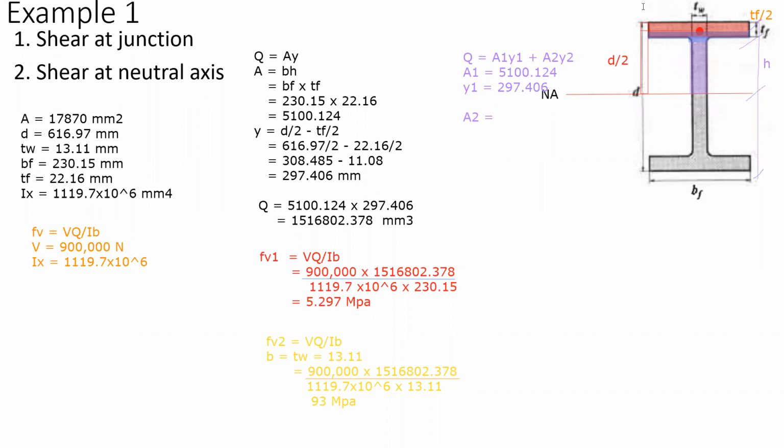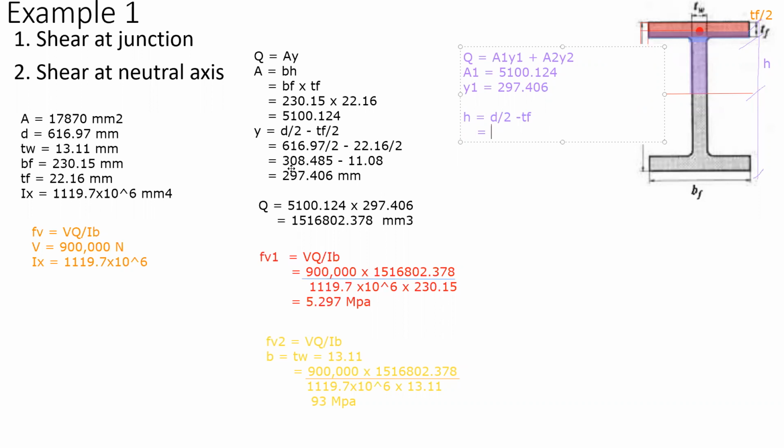So the first thing we do is we solve for h. H now is equal to D over 2 minus TF. When we take that, that is just the height. And D over 2 would be 616.97 divided by 2.